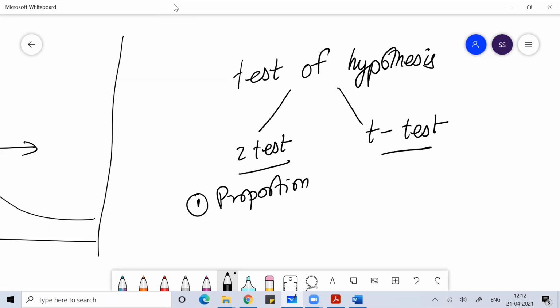Next thing, test of hypothesis is done either on mean or on proportion. When you do it on mean, there's a possibility that you may get confused.